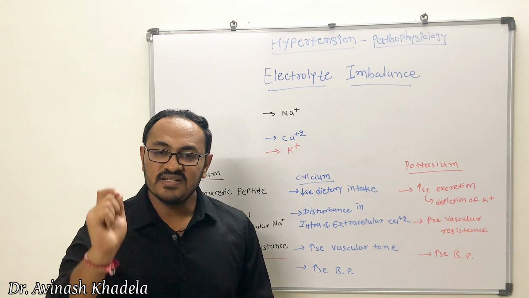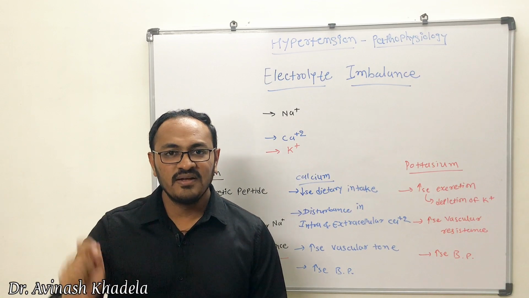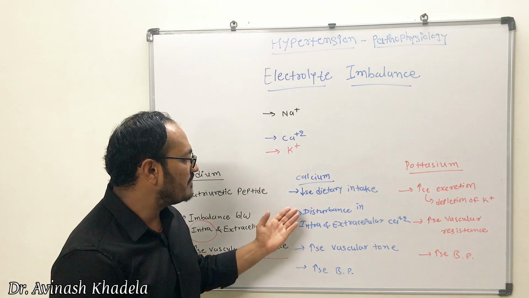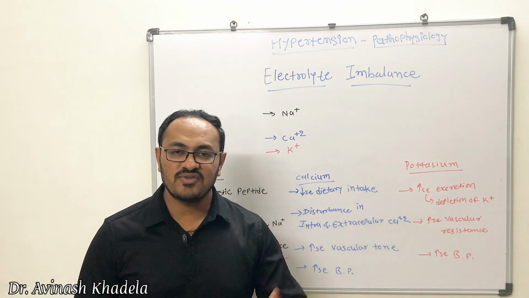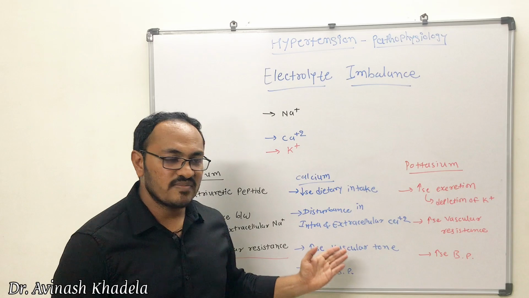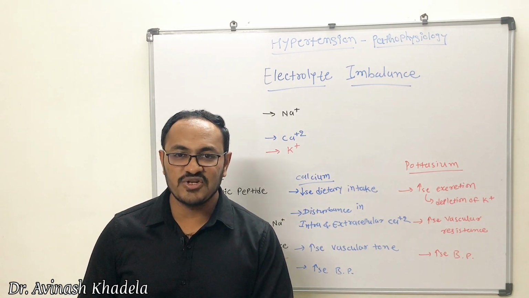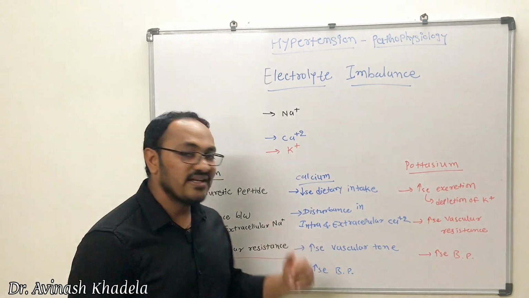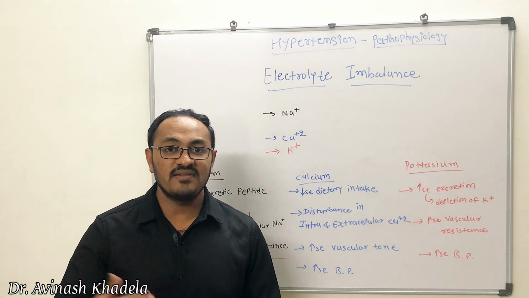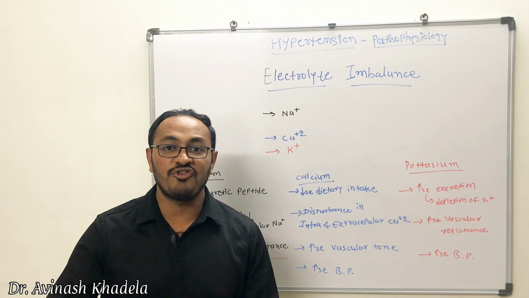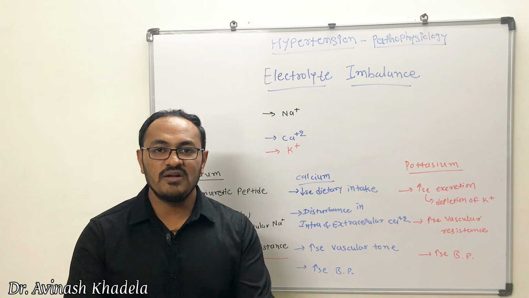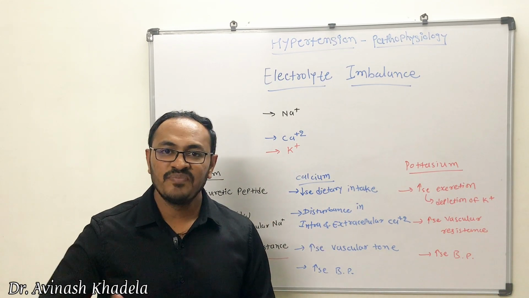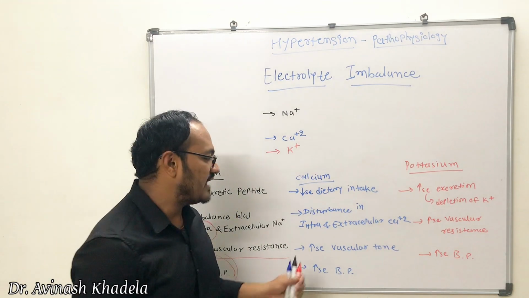If there is a disturbance in dietary calcium intake, in parathyroid or thyroid hormones, or in the renal components, there will be a disturbance in intracellular as well as extracellular calcium, and this leads to an increase in intracellular calcium, which again increases vascular tone, because increased intracellular calcium is responsible for contraction of vascular smooth muscle. Contraction will decrease the diameter of the lumen, and when the diameter of the lumen decreases, it increases resistance, total peripheral resistance and blood pressure.